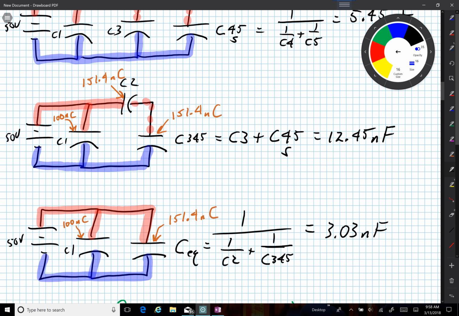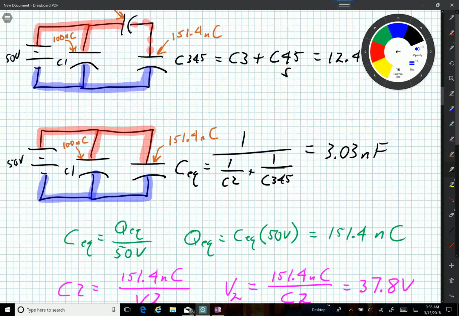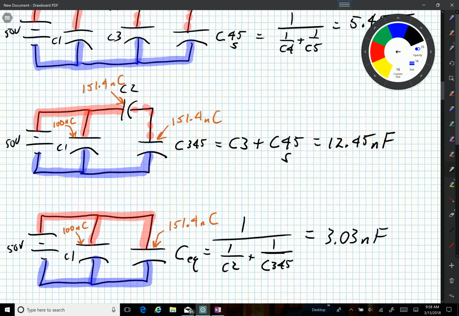All right, and so now we can come back down here. Let's see what we got. We now know the voltage here to here. And now we can use the information that we have, the charge here and the capacitance here, and we can solve for the voltage here, which is across C345.